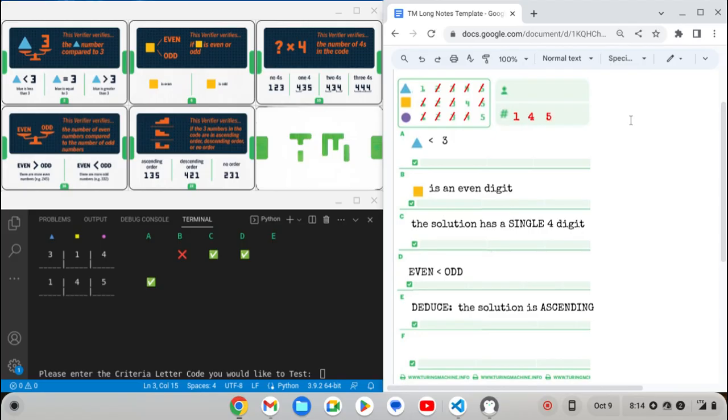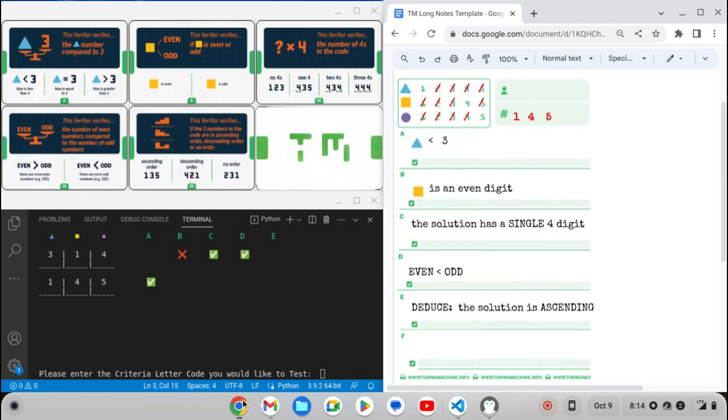So let's kind of review very quickly. Is the first digit less than 3? It is. Is the middle digit even? Sure, it's 4. The solution has a single 4. Yeah, it's the square digit. There are more odds than evens, yes. And here we are deducing that it's in an ascending order, so the digits are increasing.